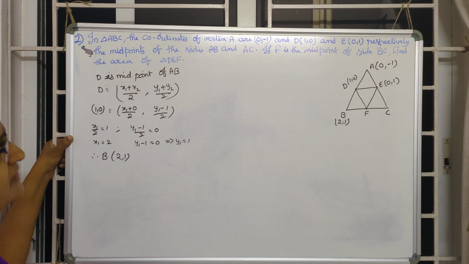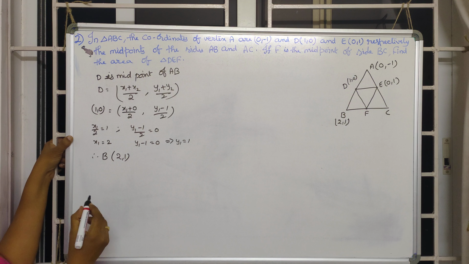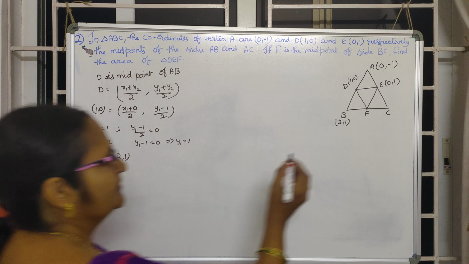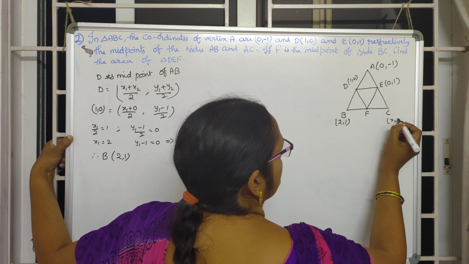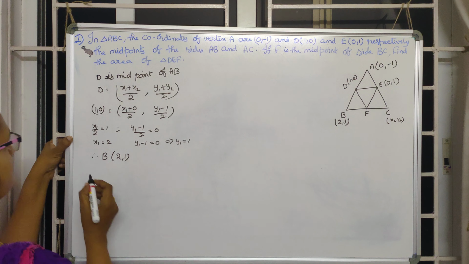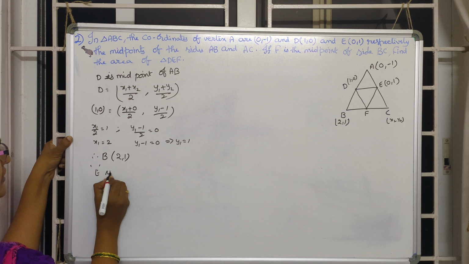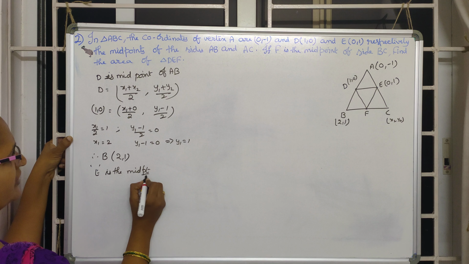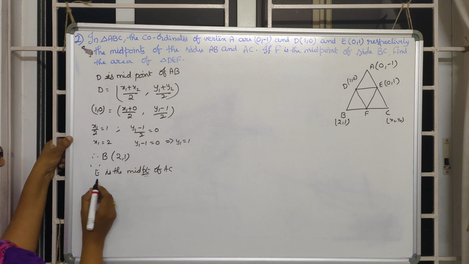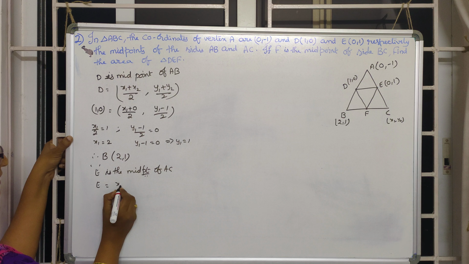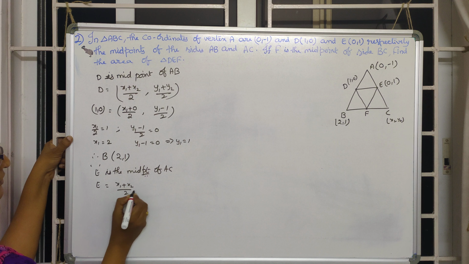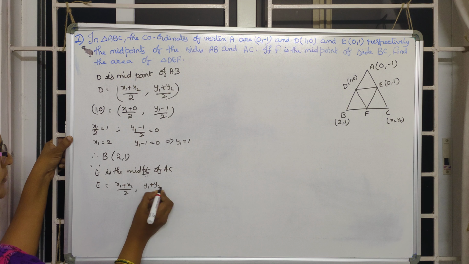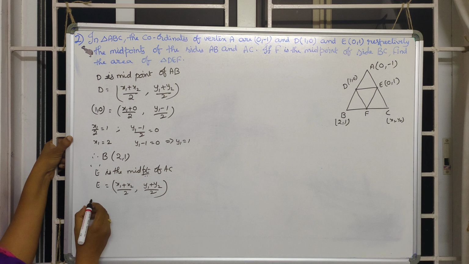B is (2, 1). In the same manner, E is the midpoint of AC. Name this one as (x2, y2). E is the midpoint of AC. Therefore, E equals, applying the formula, (x1 plus x2) by 2 comma (y1 plus y2) by 2. Here E is (0, 1).